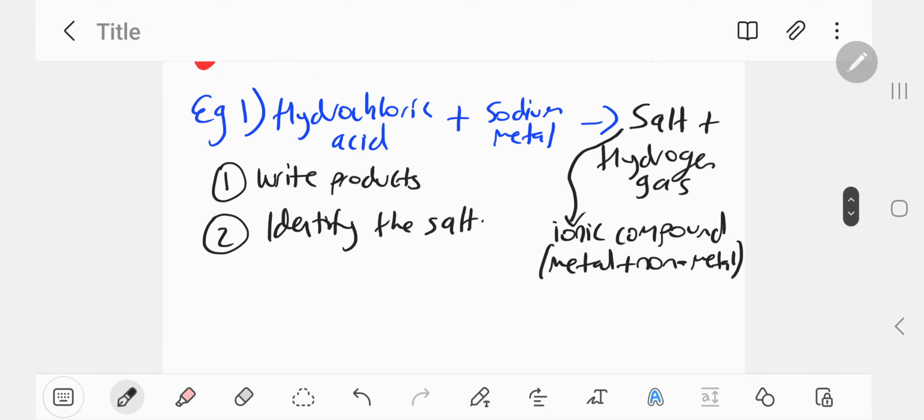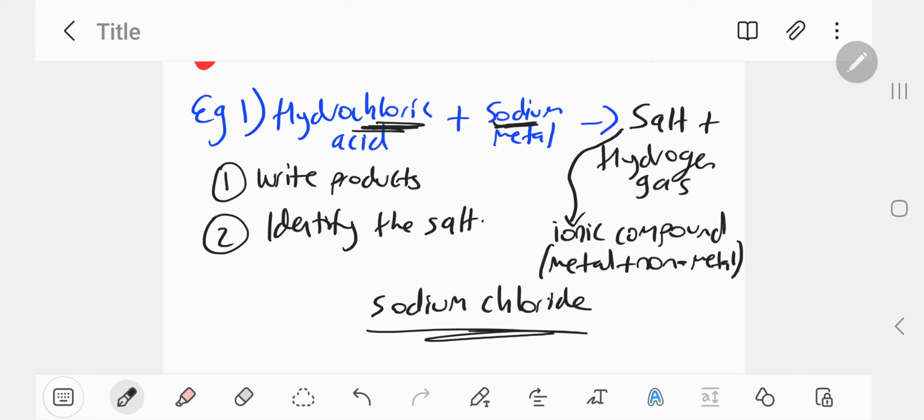Now, all you have to do is eyeball the equation and identify where the metal is. So the metal in this case is sodium. So write down sodium first. When you're naming an ionic compound, you write down the name of the metal first, which is sodium. The non-metal comes from the acid, and the ending here, chloric, becomes chloride, I-D-E. And that's it. That's the name of the salt, and this is table salt.